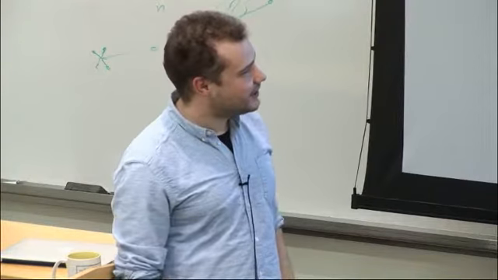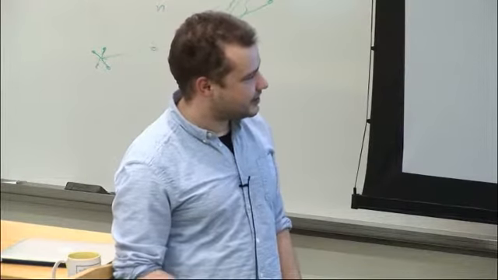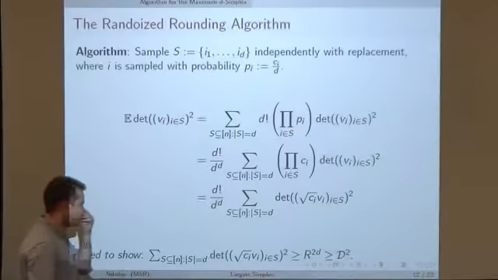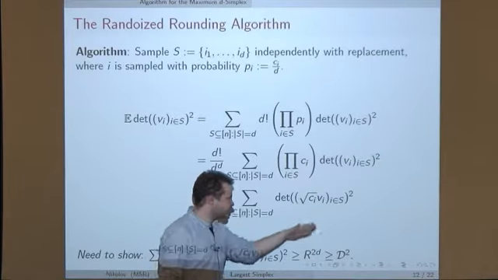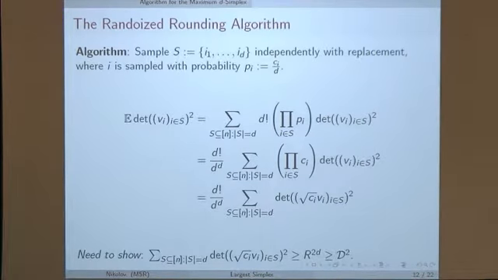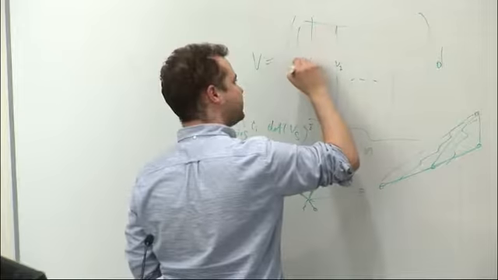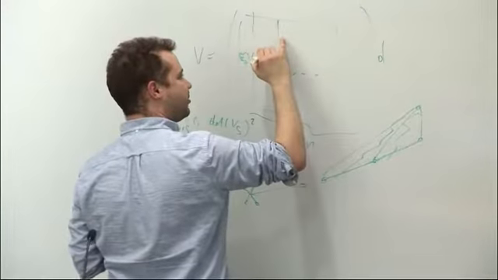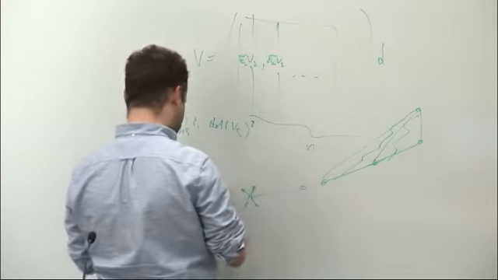So let's do that. Right. So we have this summation. So what is this? In my matrix, I've multiplied every column by square root ci, so square root c1, square root c2, and so on.